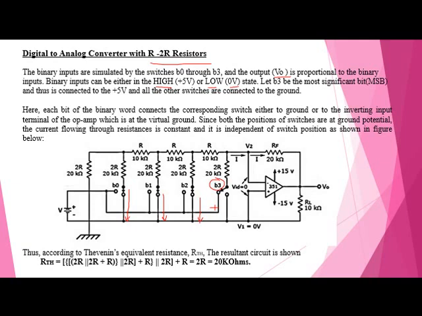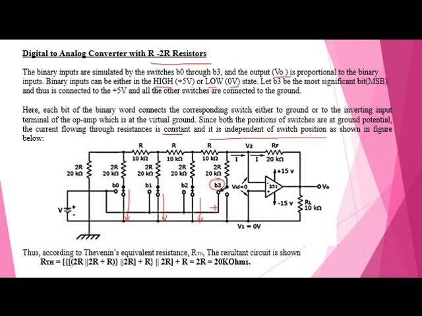Each bit of the binary word is connected to the corresponding switch, either to ground or to the inverting input terminal of the op-amp, which is virtually grounded. Since both positions of the switches are at ground potential, the current flowing through the resistor is constant, independent of the switch position, as shown in the figure.